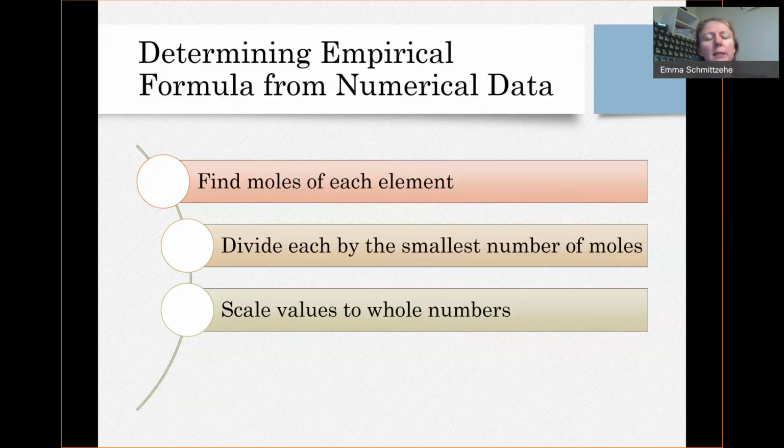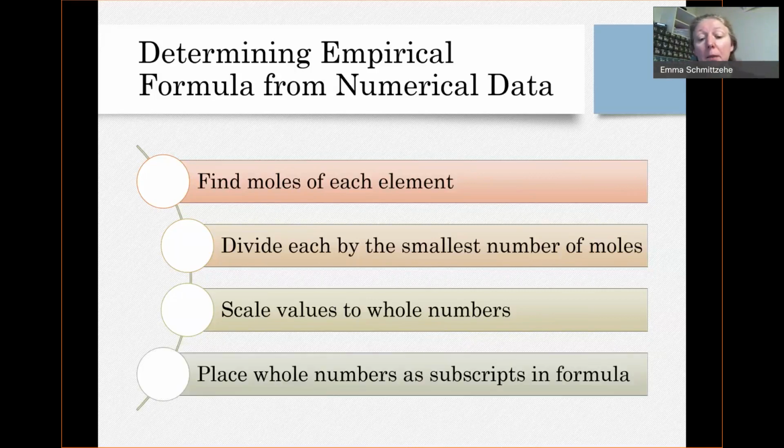Now, when you do this, guys, you can be off by a little bit. Like if you come up with 2.99, that's close enough to 3, that's fine. And so you would just round that. But you should be within, I would say, 0.05 of a whole number. If you're not, something's wrong, or you need to do some scaling, okay?